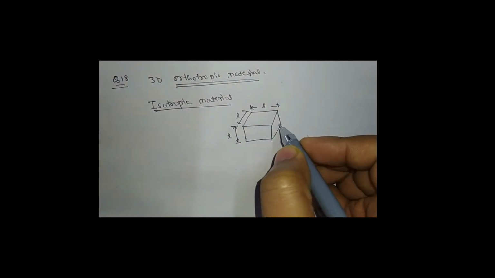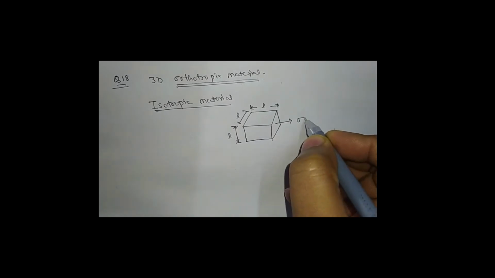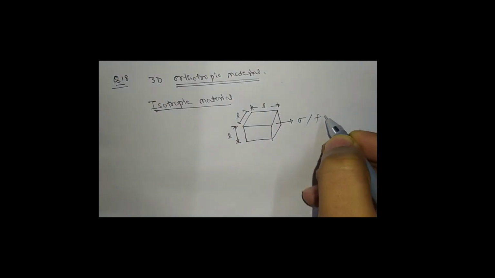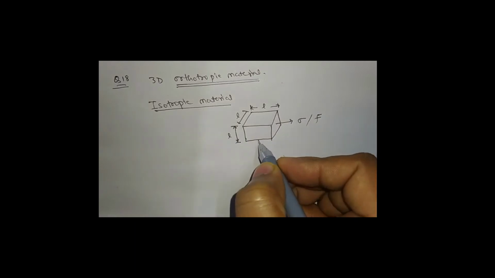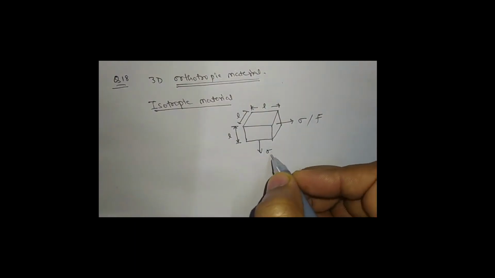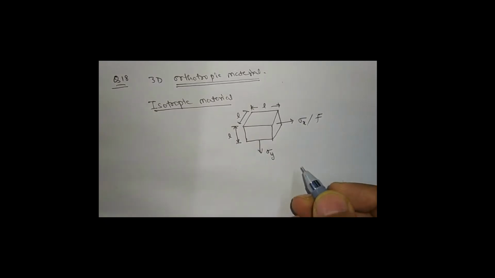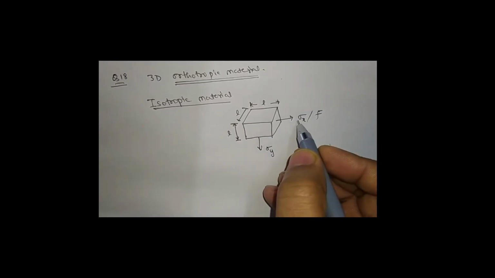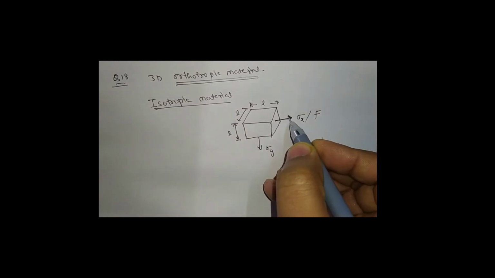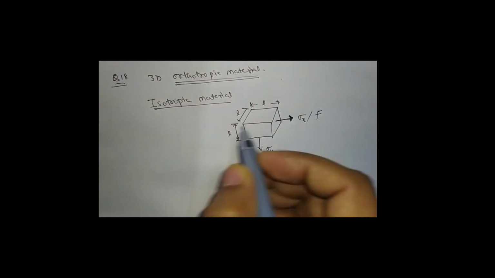Now this material, if it is subjected to some stress or force, let's say this is Y and this is X, then what will happen? For example, first it is subjected to a force in the X direction.